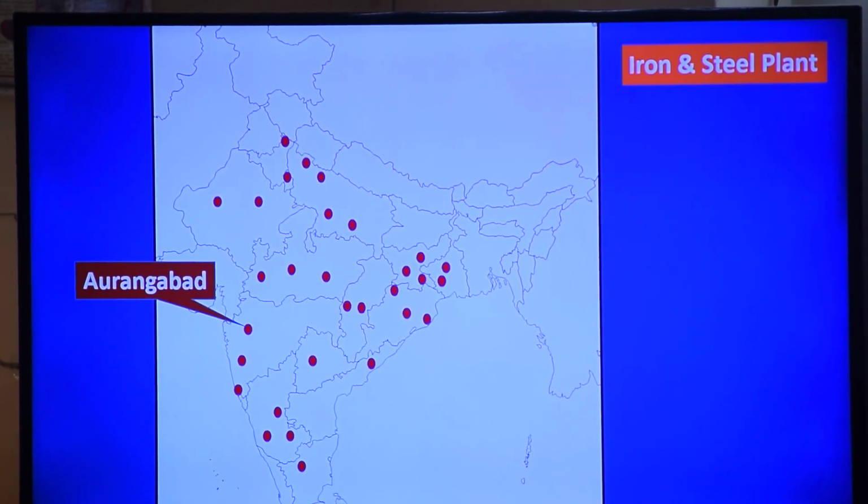Which district is this in? Durgapur, Asansol is a district. Yes, it is in which district? Vardhaman district.